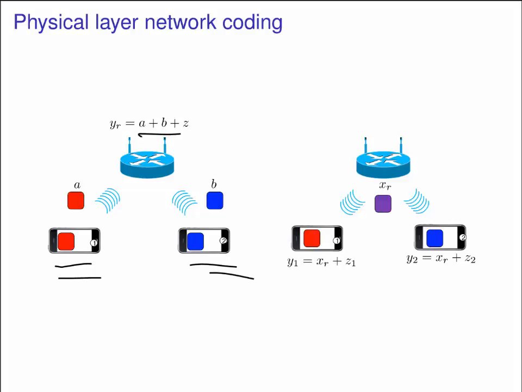Then nodes 1 and 2 will be able to decode the packets they need from the packet broadcast by the relay node. So in this case, we reduce the number of time slots required from 4 to just 2.